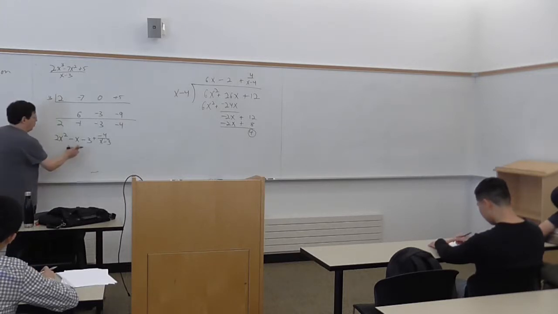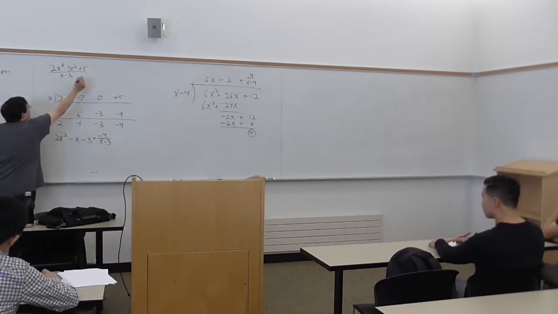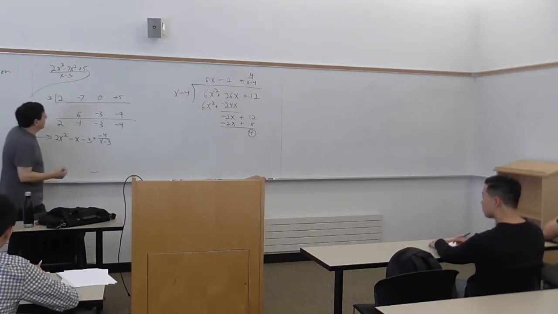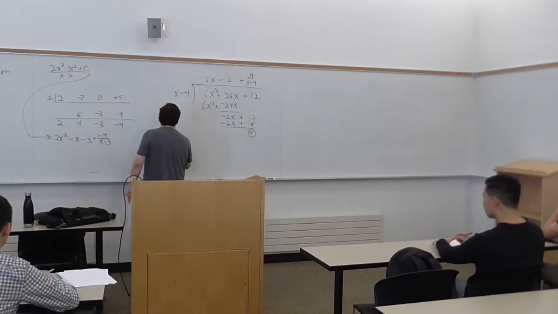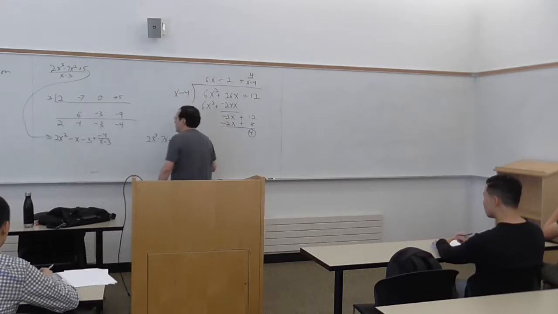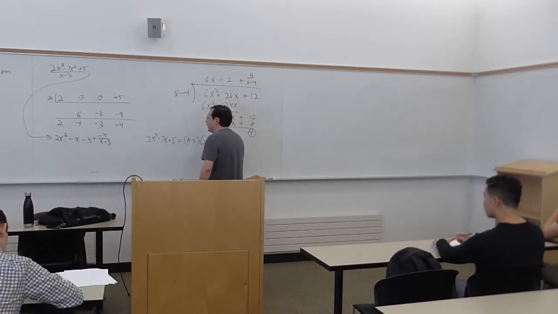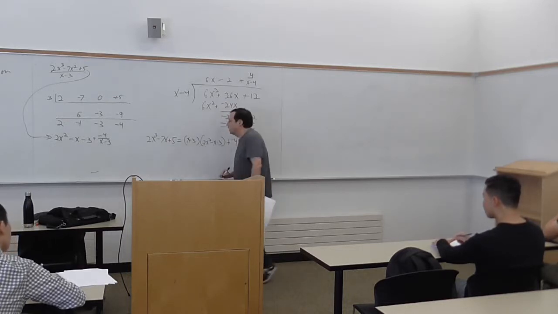But one thing I want to mention about this, when we say this equals this, right? Another thing we're saying is that 2x cubed minus 7x squared plus 5 is equal to x minus 3 times 2x squared minus x minus 3, plus minus 4.